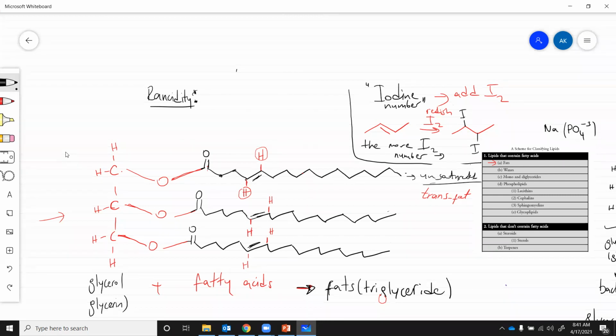Rancidity here is, again, if you have fats, then depending on whether you have a double bond here, or even if you don't have a double bond, if you keep this fat outside. Usually, if you have a lipid, like butter, for instance, where do we keep the butter? We keep the butter inside the refrigerator, right?